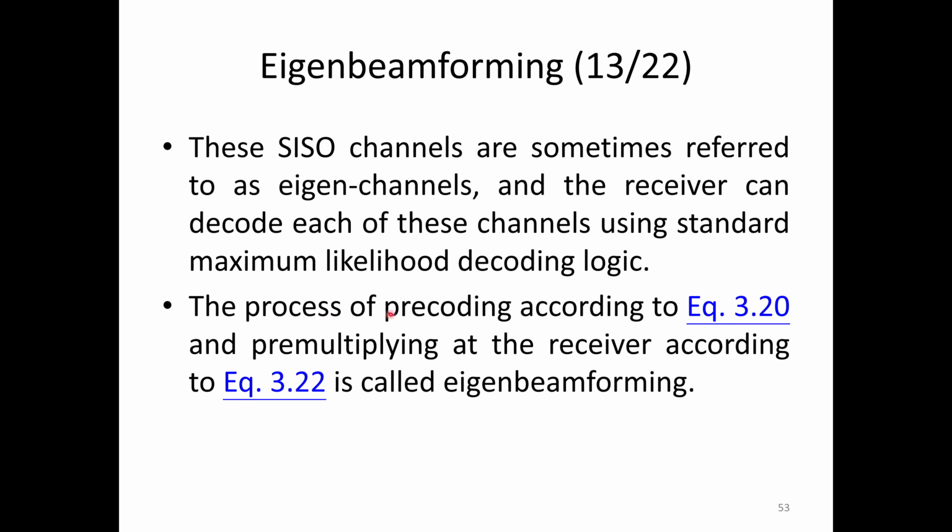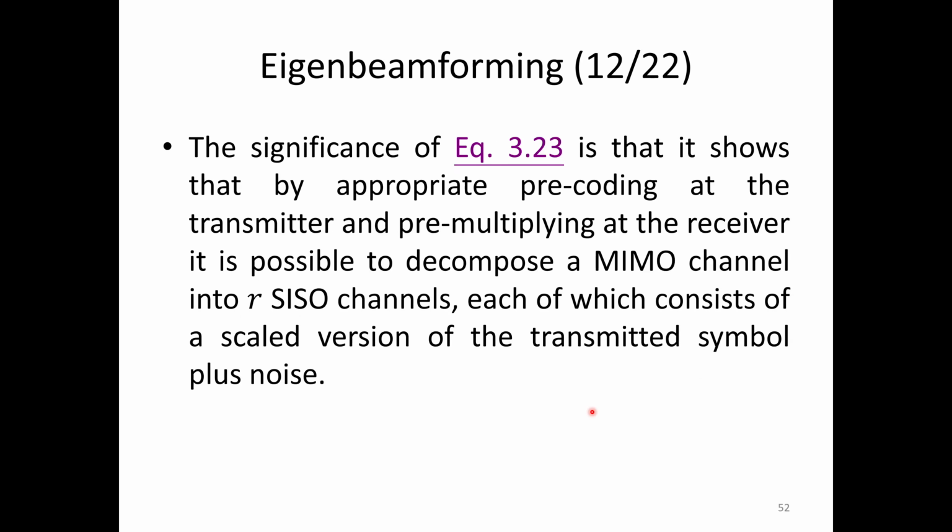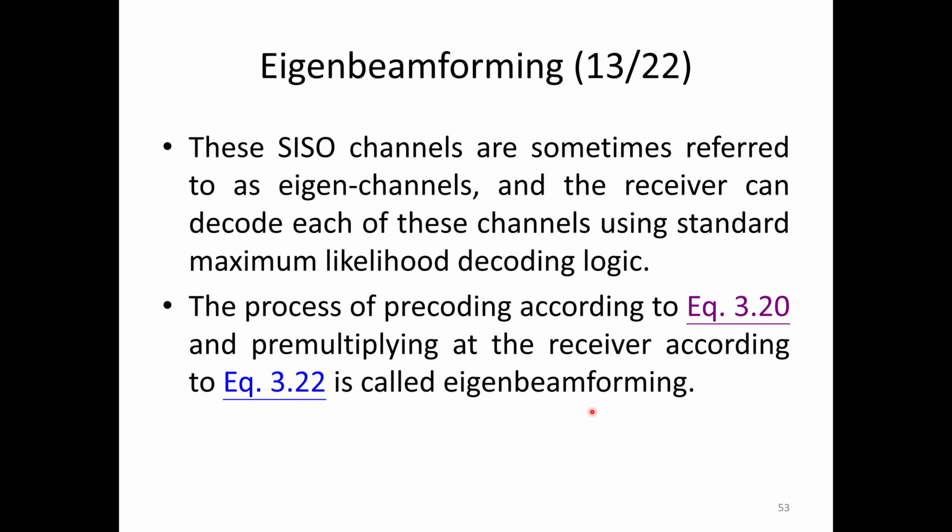The process of precoding according to equation 3.20. Let us see equation 3.20. In equation 3.20, S is equal to V times S tilde. Let us go back to page 53.